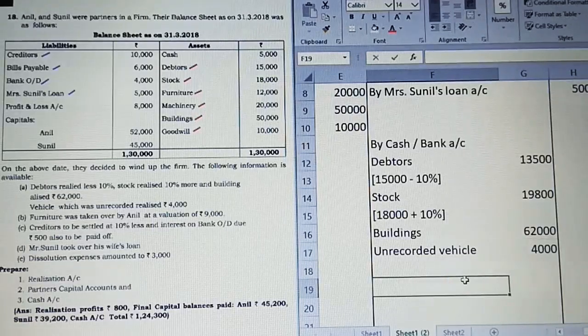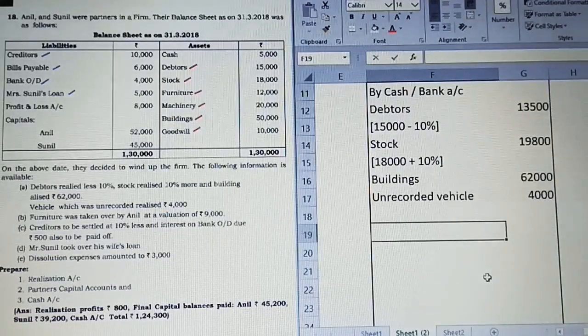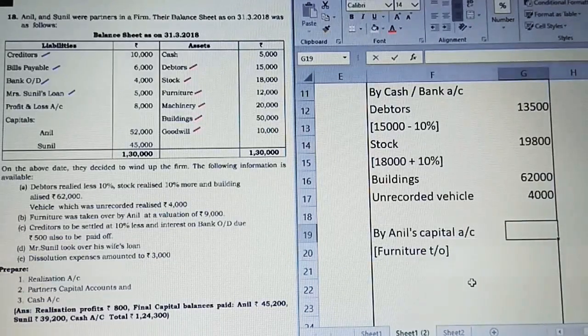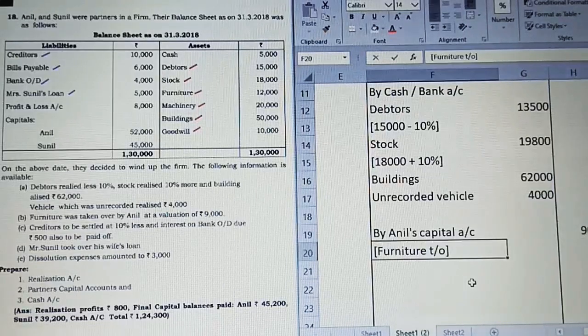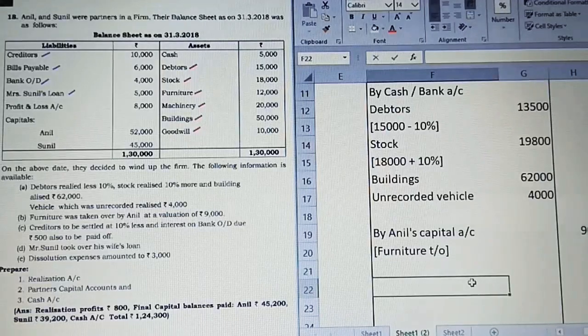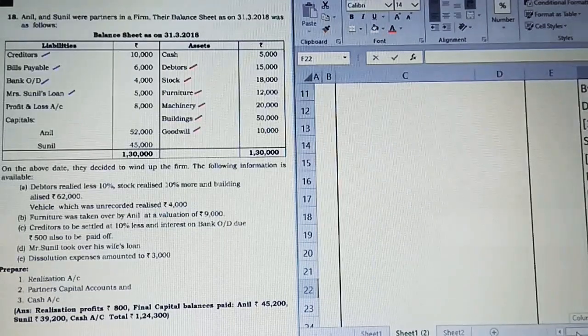Then we have furniture was taken over by Anil at a valuation of 9,000. So our partner is taking it here. Who's the partner? Anil. So by Anil's capital account, furniture taken over, I'm writing it in short form. The value of that is 9,000.